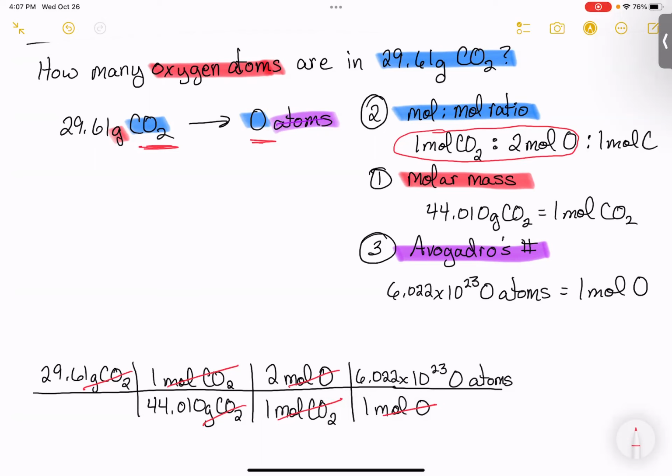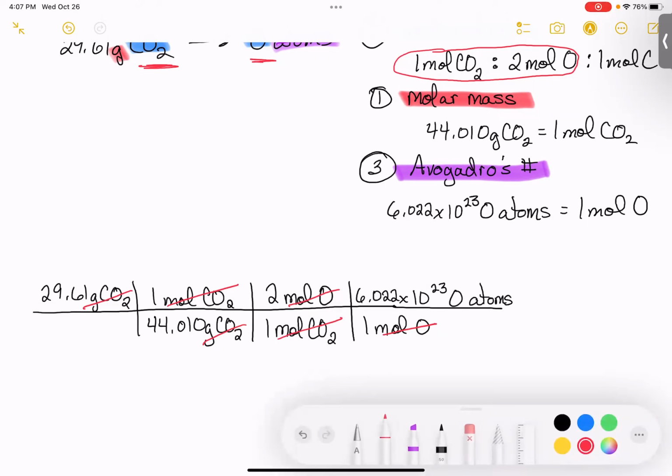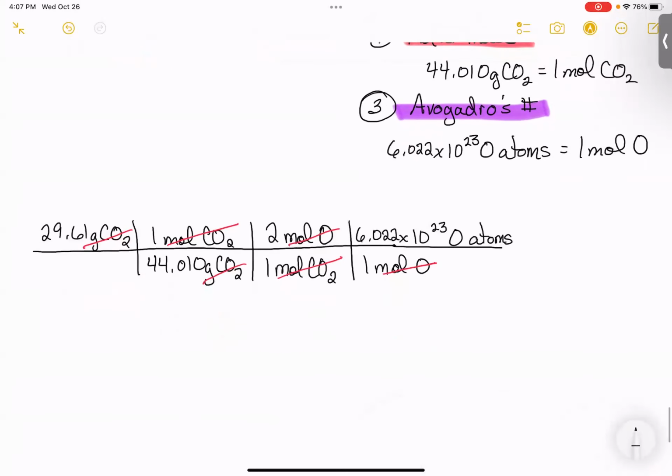So keying that into the calculator, you get a value of 8.103222 times 10 to the 23rd oxygen atoms.